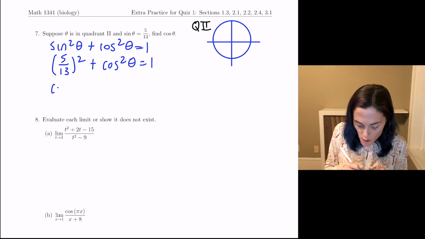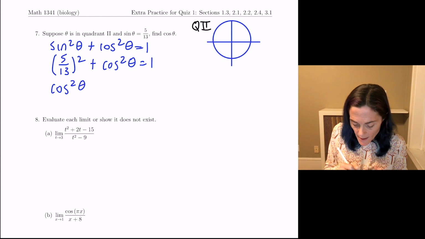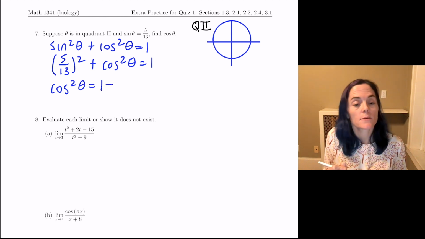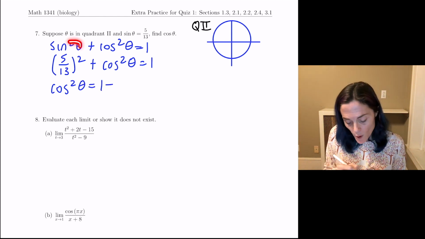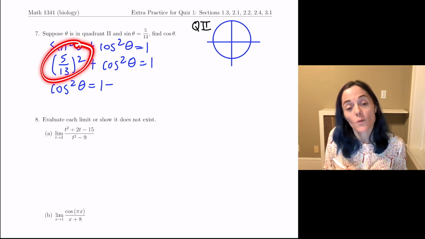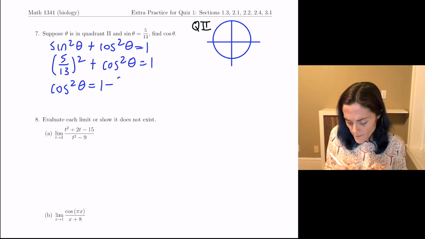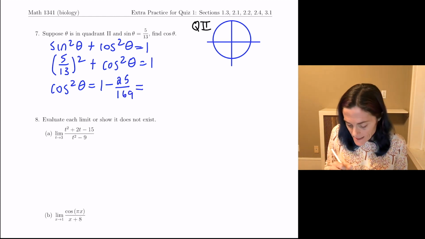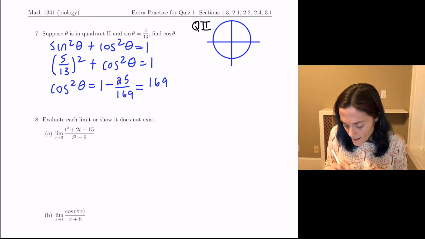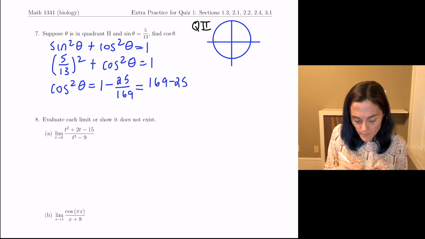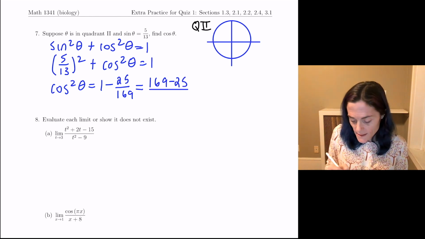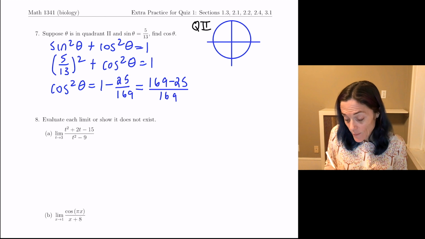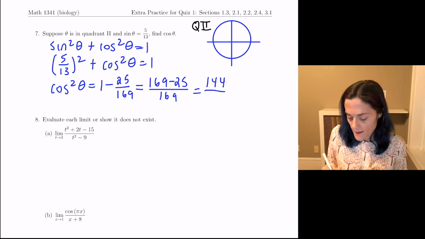We get the cosine squared theta equals 1 minus, well, this number, we get 25 over 169. Let's see, this is 169 minus 25 over 169, which is 144 over 169.